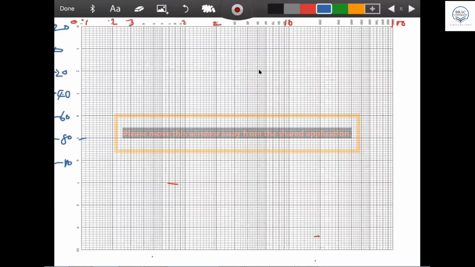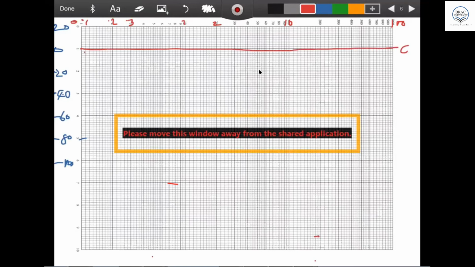The 95 will be in between, so in that case the 0 dB line will be the baseline. We can draw the 0 dB line like this, this is the 0 dB line.